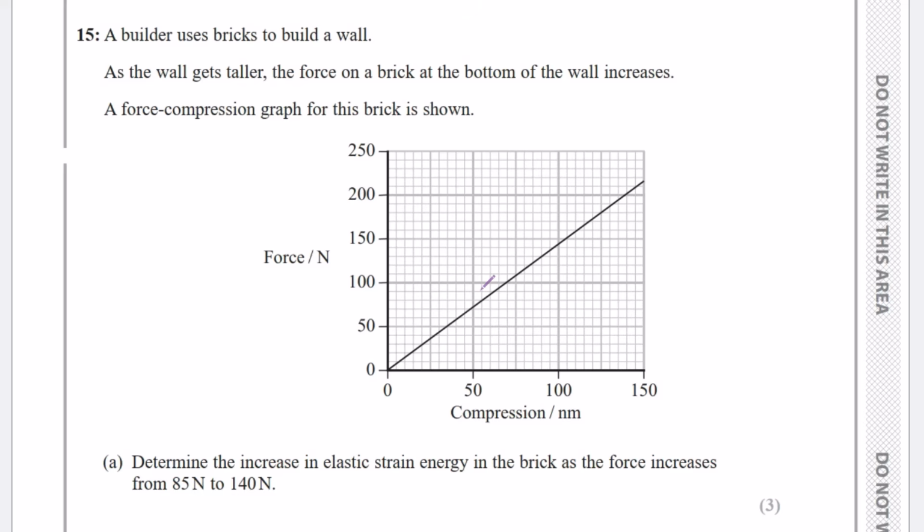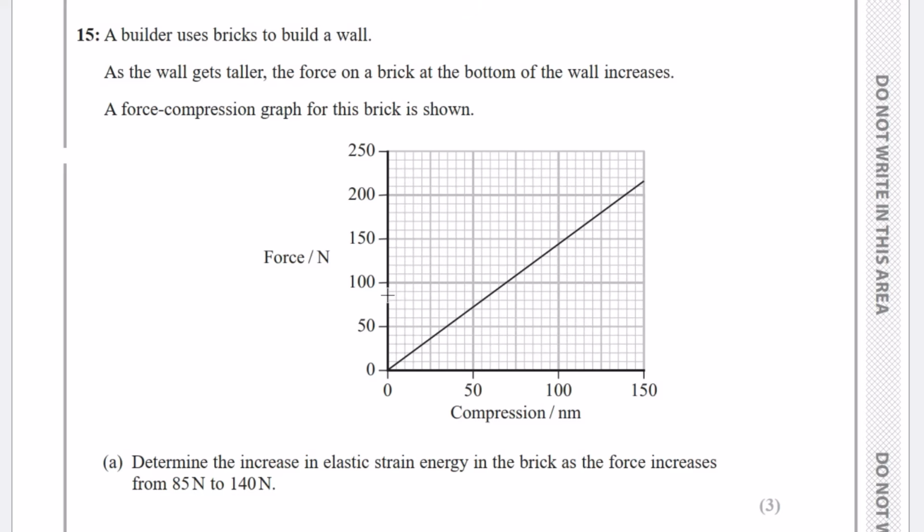So the very first thing you have to find out is the compression when it's 85. So let's see. 5 squares make 50, so every square should be 10. So 10, 20, 30, 40, 50, 60, 70, 80.